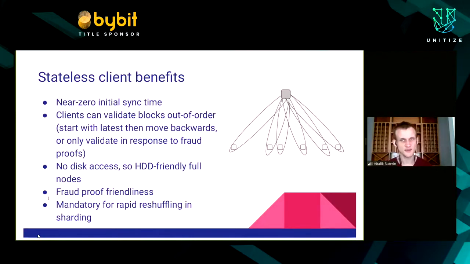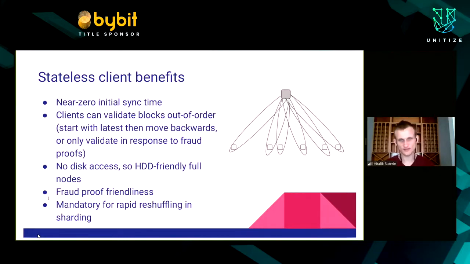And in an Ethereum 2.0 sharding context, stateless clients are basically mandatory because nodes get rapidly reshuffled between different shards. One moment you might be on shard number 2047, then suddenly you get reshuffled to shard 45, and then almost immediately you have to verify a block from shard 45, and you just don't have enough time to download the entire state from shard 45.